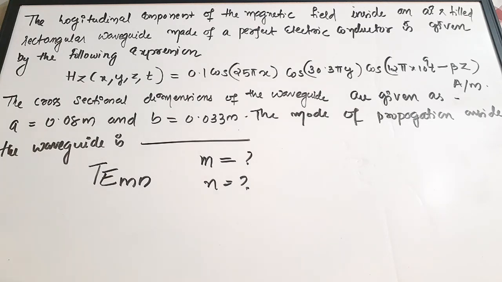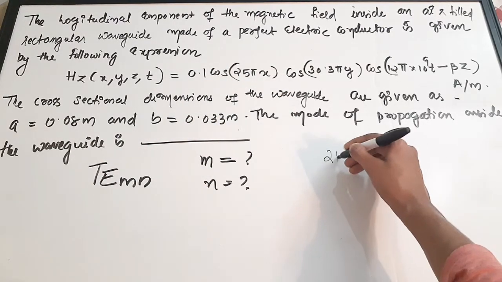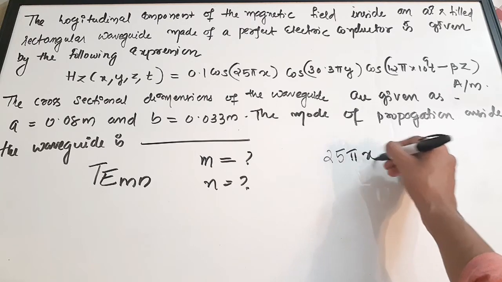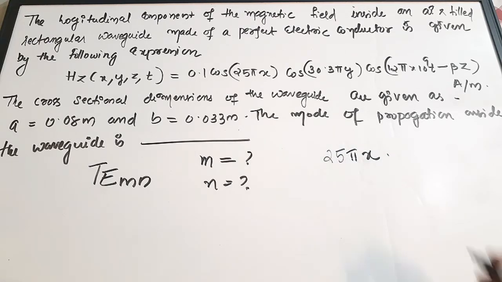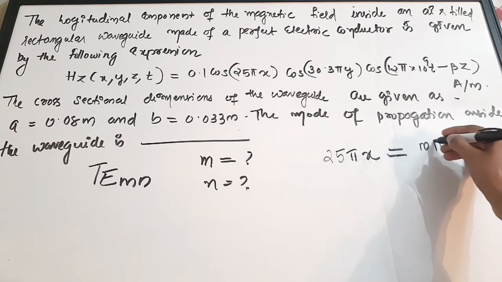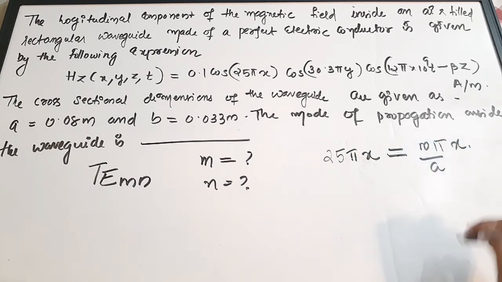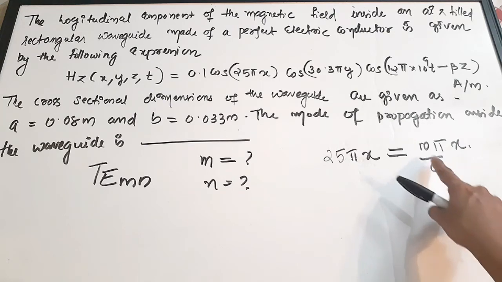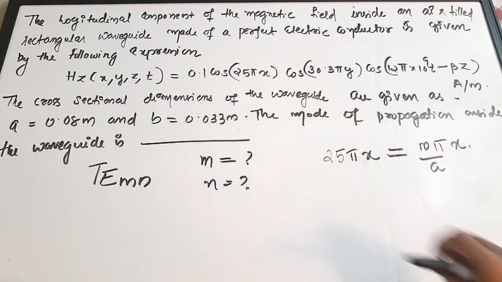Now I'm going to find the values of M and N. For finding the value of M and N, you have to equate these terms. You can see here there is a 25 pi x, and in the general equation, this 25 pi x is equal to m pi by a into x. So m pi by a x is equal to 25 pi x for this particular wave.